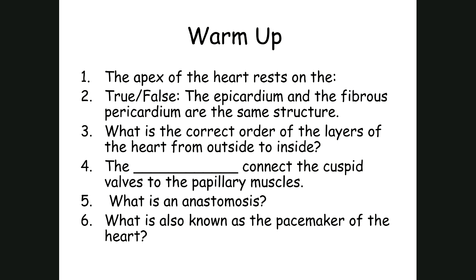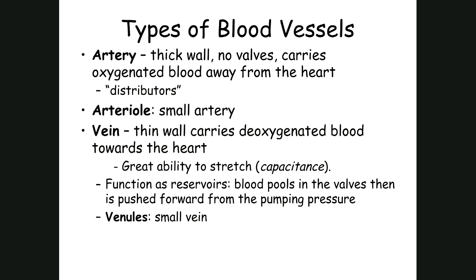Next we'll go to the types of blood vessels. So what are the types of blood vessels? Just now, before, I told you blood vessels are called arteries, veins, capillaries, like that. Okay.